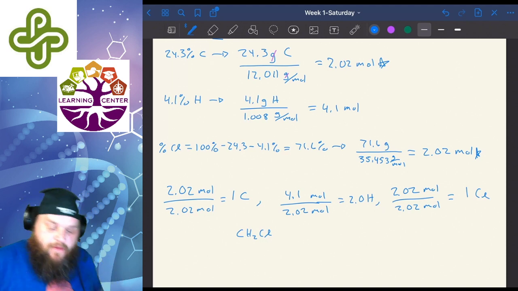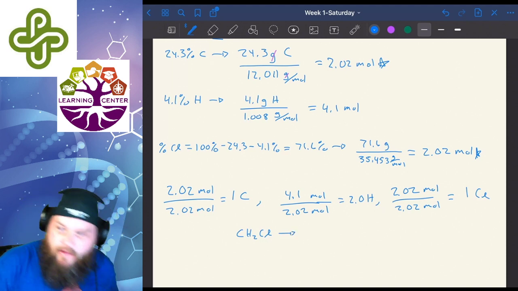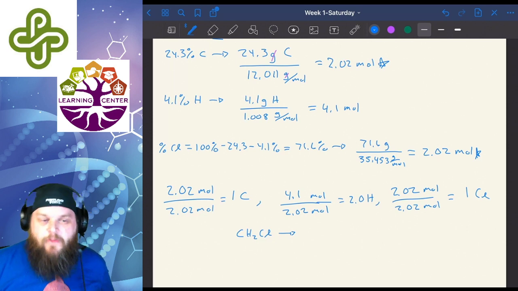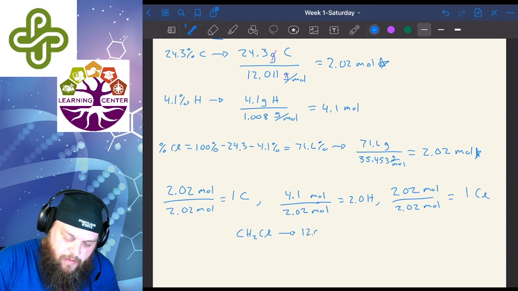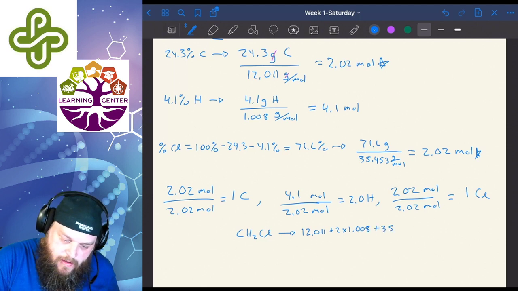So now this corresponds to a molecular mass, and we can find that by adding up the molecular weights of each of those with their multiples. So that would be 12.011 plus 2 times 1.008 plus 35.453, and that would be grams per mole.